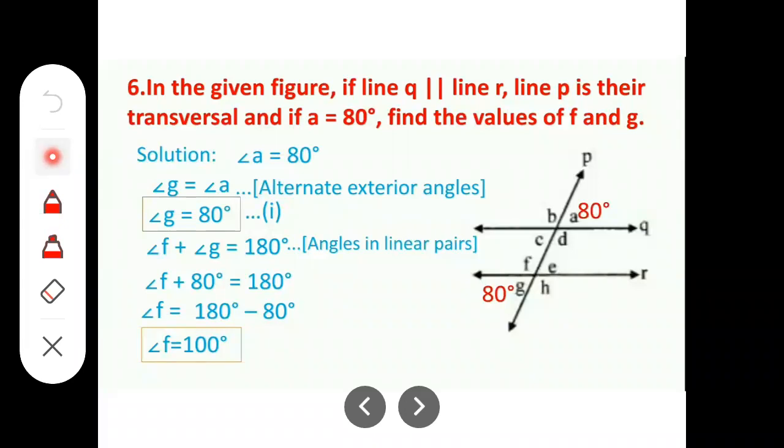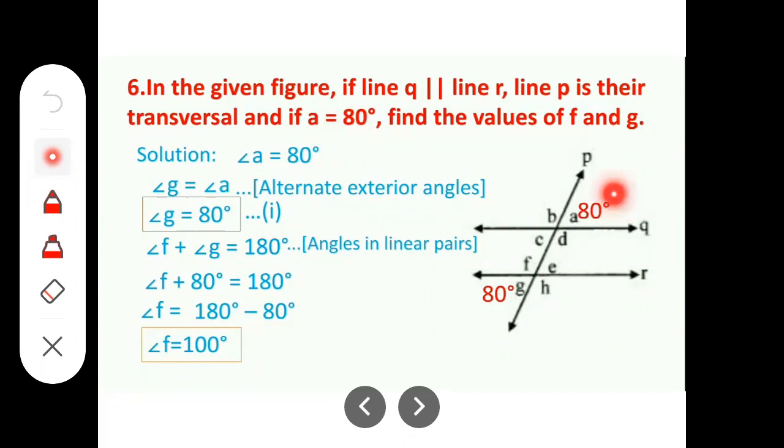Here, if line Q is parallel to line R, you can see line Q is parallel to line R and P is their transversal. This line P is their transversal. If A equals 80 degrees, the value of angle A is given as 80 degrees.